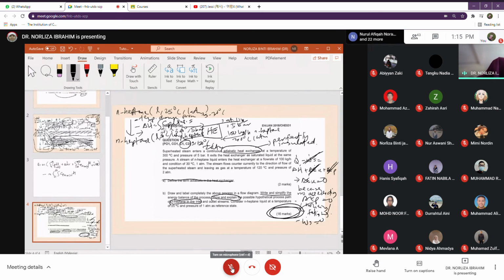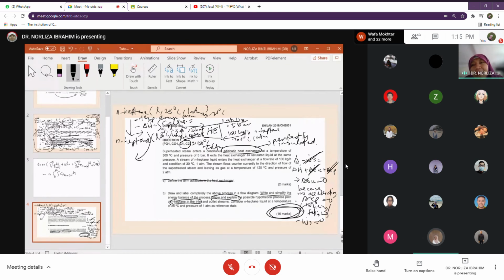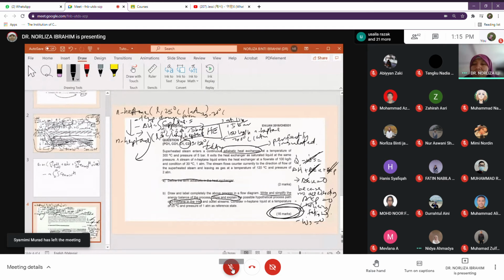Okay, so where to get the Cp of this N-heptane? Outsource from other handbook? Is that so? The third point, you need to explain on the third point. Yes, another handbook. Okay, he mentions outsource from other handbook. How about the rest?